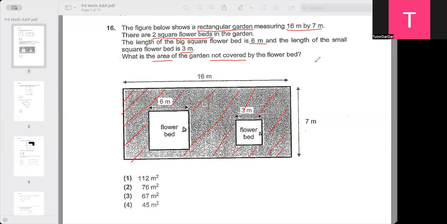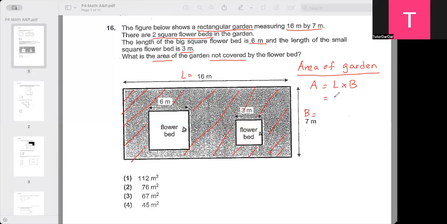First, we need to find the area of the garden. Okay, the area of the garden, which is a rectangle shape. So A is equal to length times breadth. This is length, this is breadth.